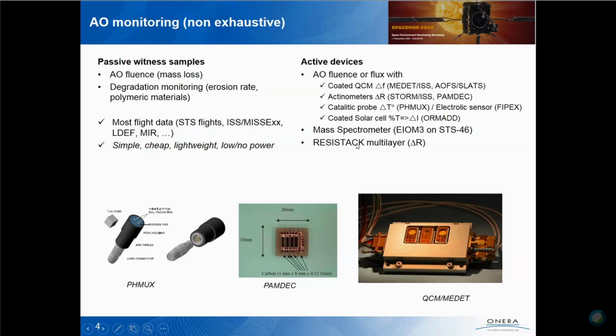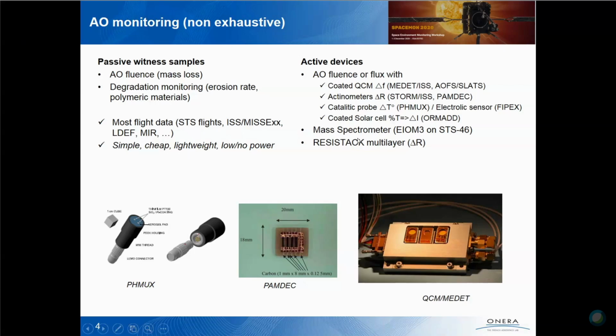Regarding active devices that can be monitored in real time, there is a possibility to make atomic oxygen fluence and flux measurements. We've got QCM, for instance, or actinometer, catalytic probe. But of course, it is more complex because it requires electronics for the acquisition of, for instance, frequency shift or resistance or temperature parameters.